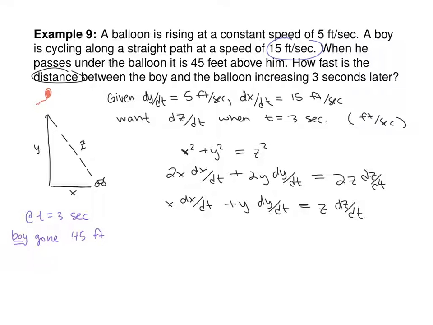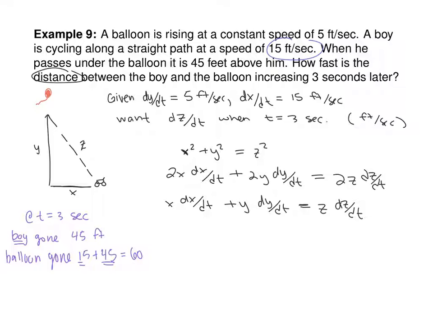The balloon, how far has it gone? 15 feet plus the 45, because when he went under it, it was already 45 feet above him. Does that make sense? So that's going to be 60, right? It's this additional height gain plus the height it already had, right?